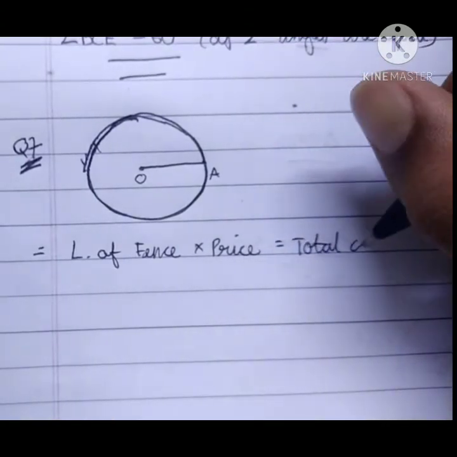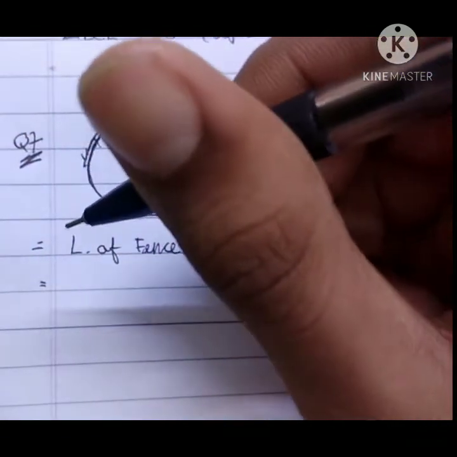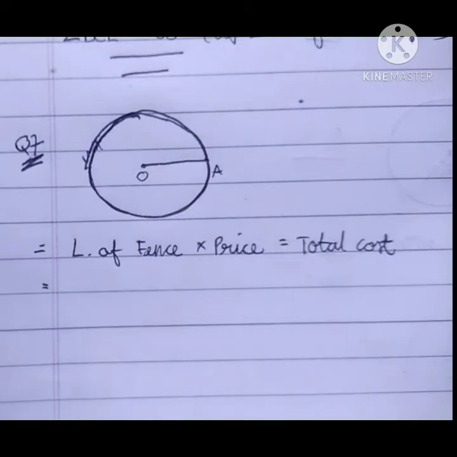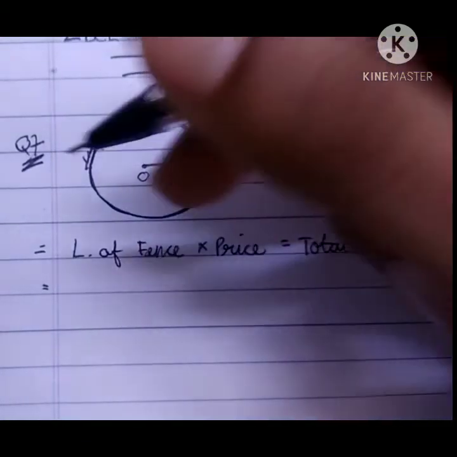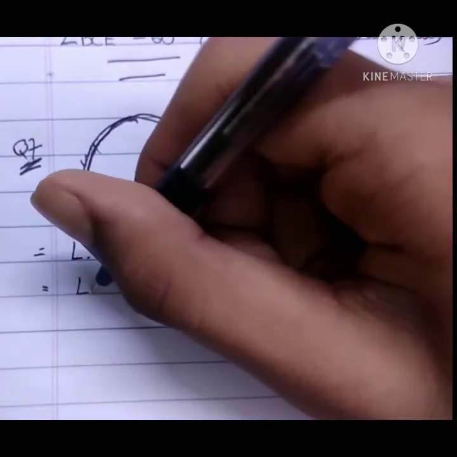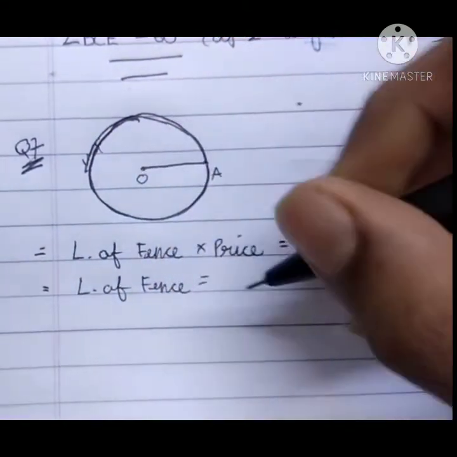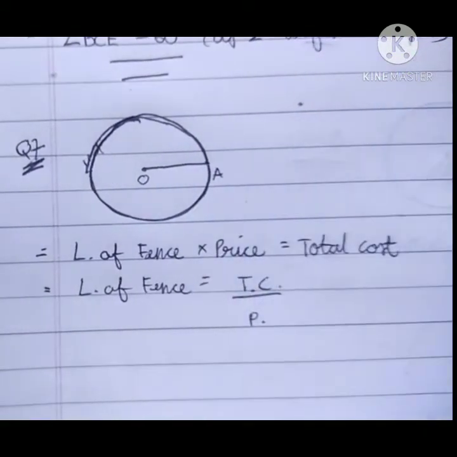But we need to find the length of fence, so we can cross multiply. Length of fence is equal to total cost by price.